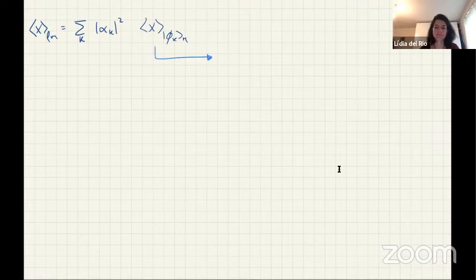Well, this very simply, again, so this is psi k x psi k, and now we expand these states in the x basis. You know that this observable x is just like p, it's just this.